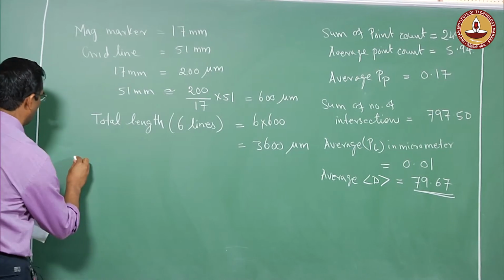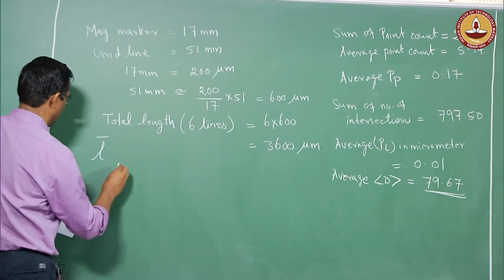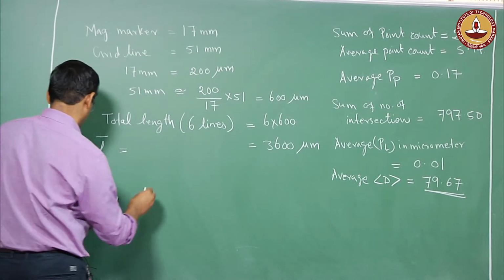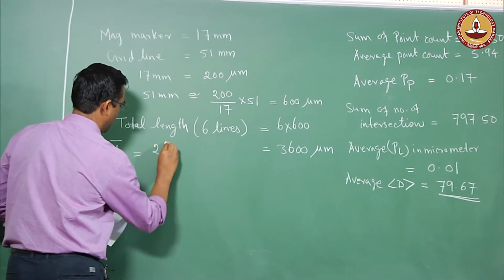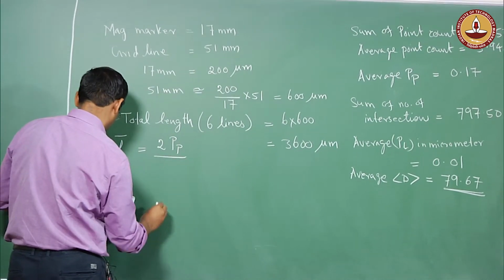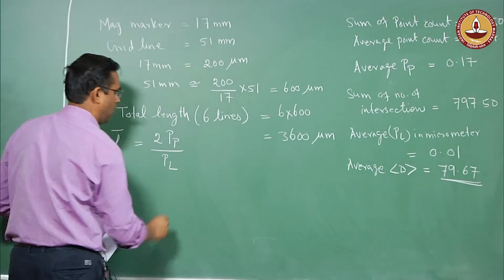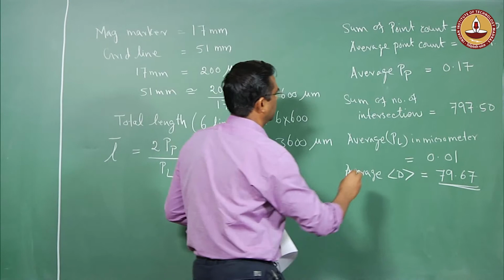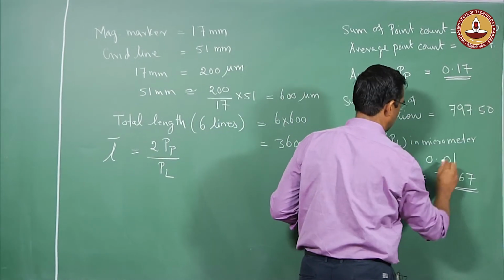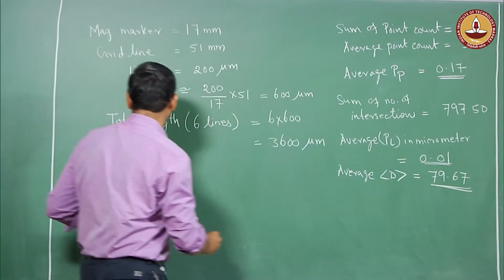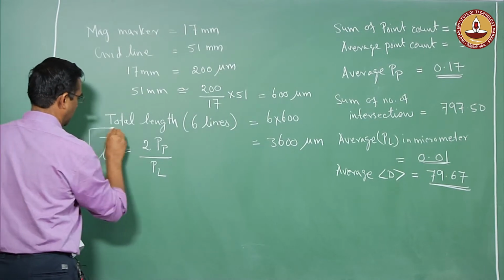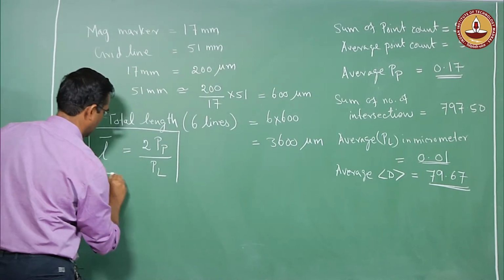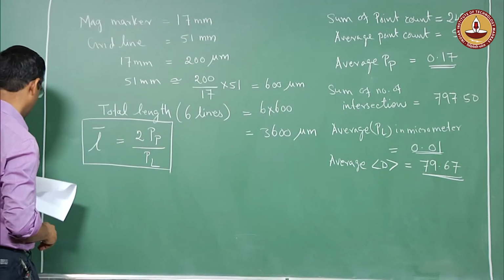So, you can also look at the mean intercept length through this data. We have PP, and this is by PL. So, we have PP and PL, and you can calculate the mean intercept length using these.